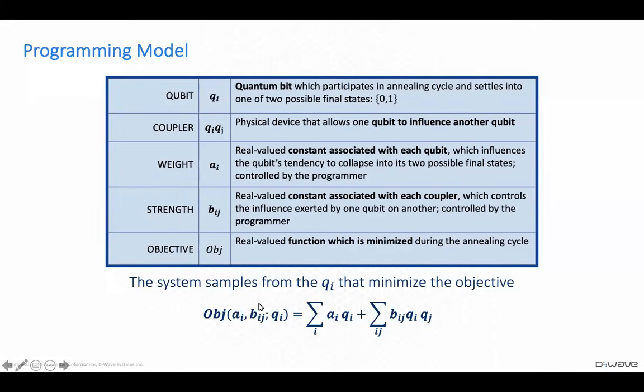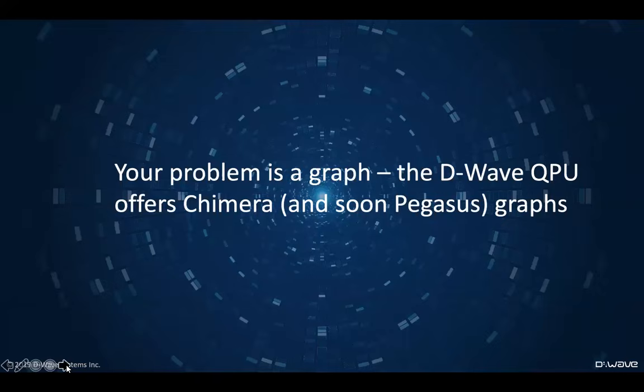Then the program is sent to the quantum computer, and it samples from the possibilities of those spins, the Q's, which could be 0 or 1 if it's a QUBO, and then it comes back and hopefully gives you the lowest energy solution. And then from there, you interpret it depending on the problem and what the variables are and so on. And we're not going to go into that today. That's in some of the other webinars.